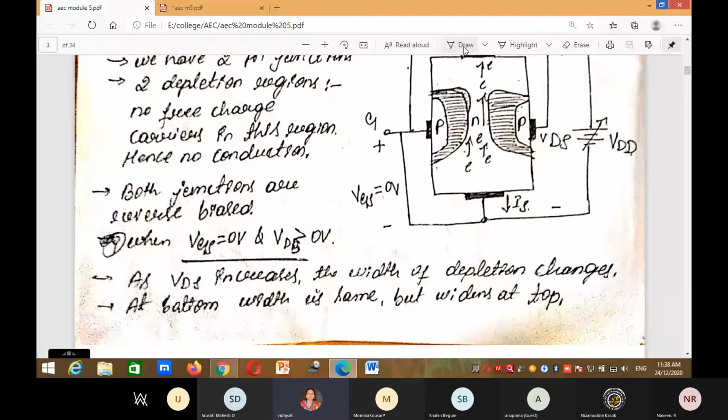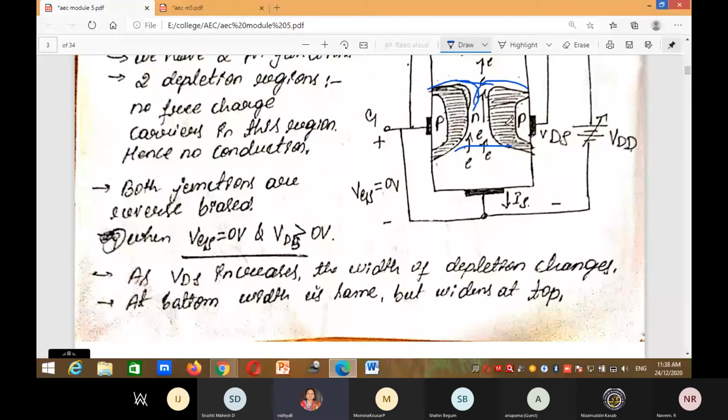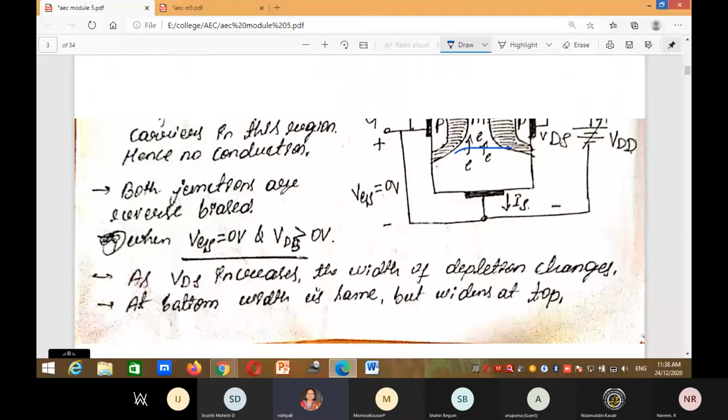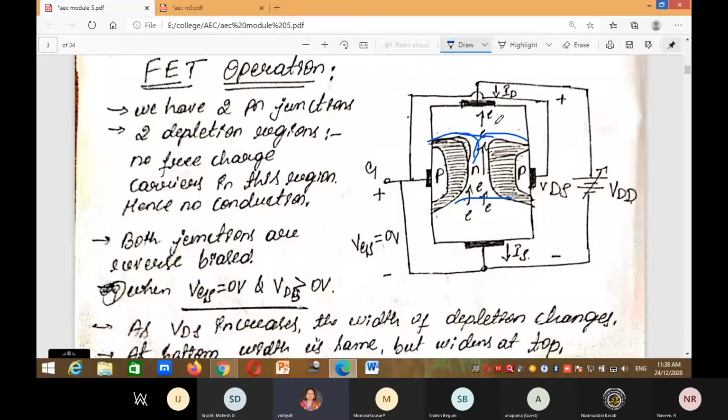I have already explained why at the bottom it will not increase much; there are only minor changes at the bottom and a lot of change at the top. At the top, the potential difference between the gate terminal and the N channel will be more, so the depletion region will increase at the top.